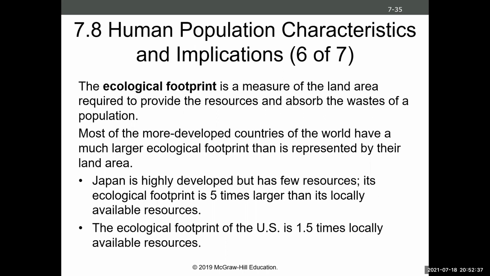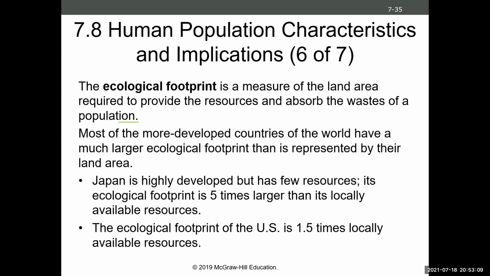And so we can look at our ecological footprint, where we're basically measuring the amount of area required to provide the resources and to absorb the waste of a population. You can look at your own individual ecological footprint, which is what you will do or have done if you've done it already in one of your check-ins, your discussions, where you answer questions about how you live your life in terms of resources used, energy used, and pollution because of those energy uses.